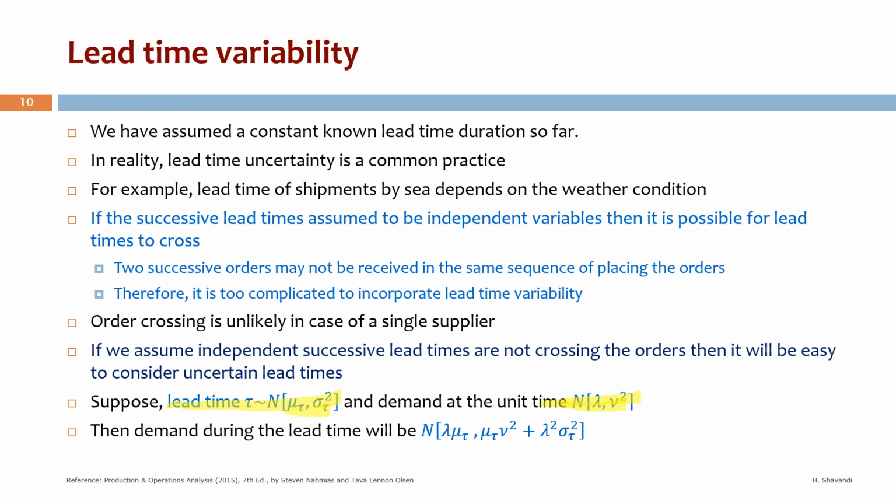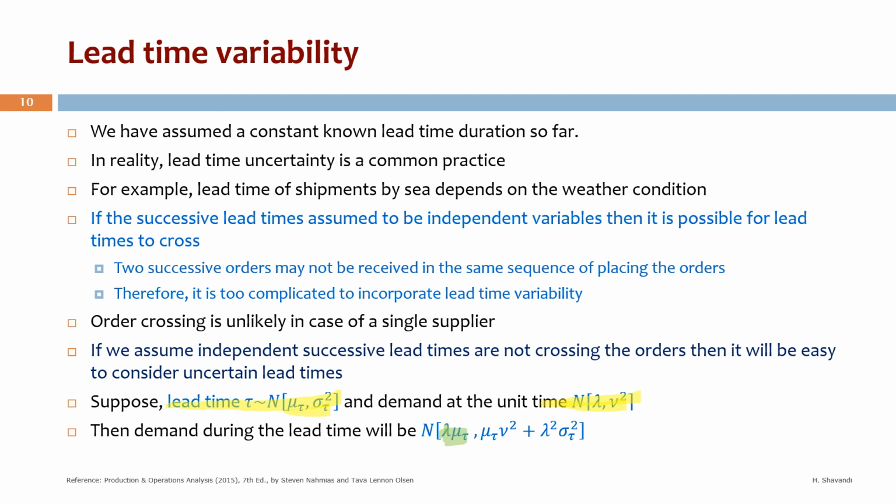In that case, the demand during the lead time will be a normal distribution as well. The mean of demand during the lead time is the same as before, we just multiply the means: lambda times mu tau.